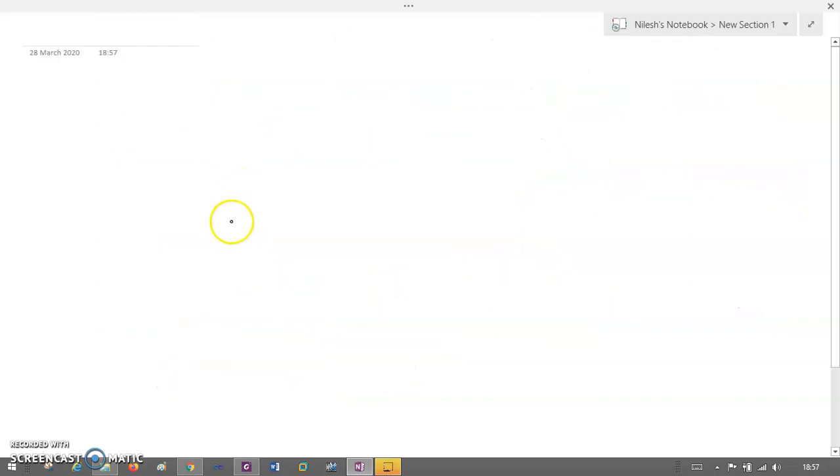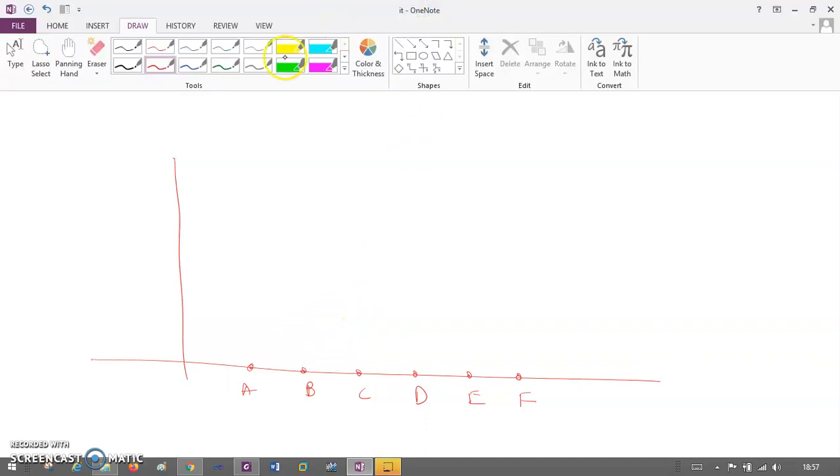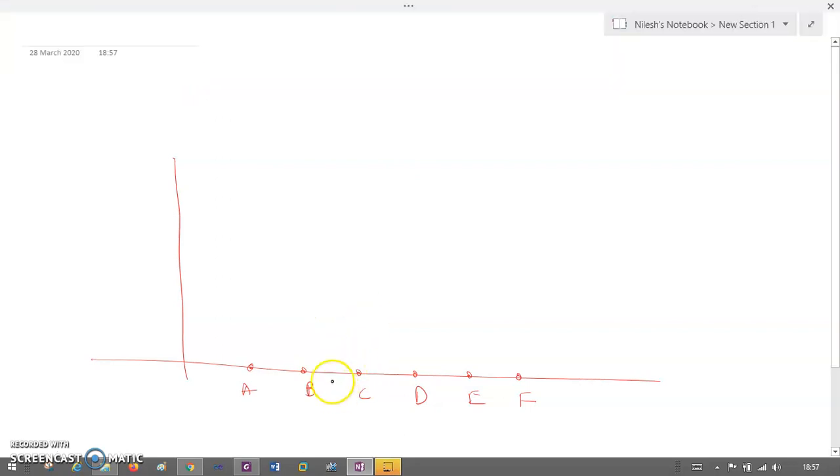Take a new page and draw a line here. You will provide some data points here. So this is my A, B, C, D, E, and this is F. Earlier we combined B and C. Let me take a new color to make some difference.